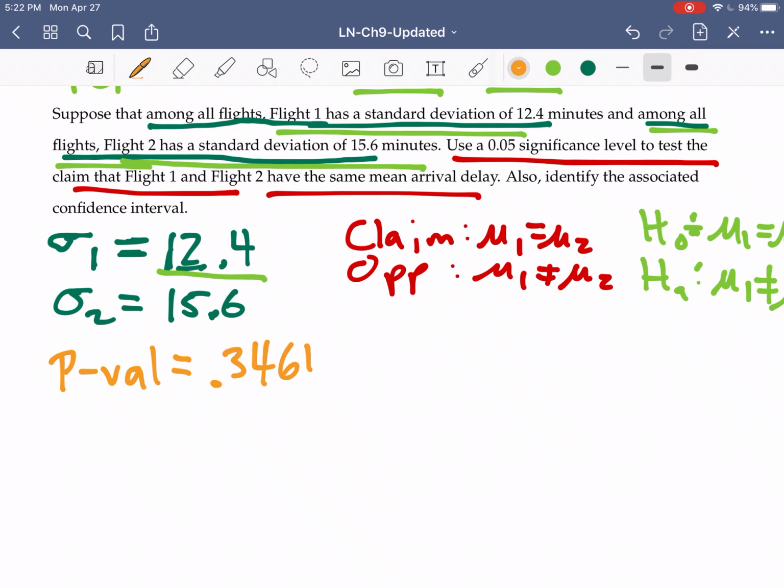And so we observe that that p-value is bigger than our significance level of 0.05. P-value is high, so the null will fly. So we fail to reject the null.